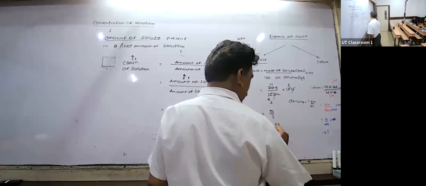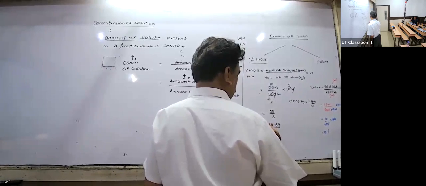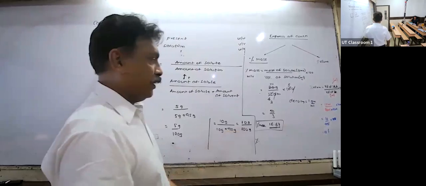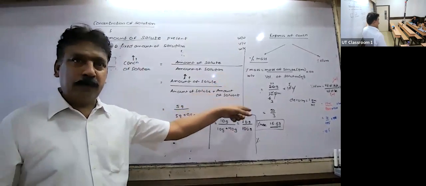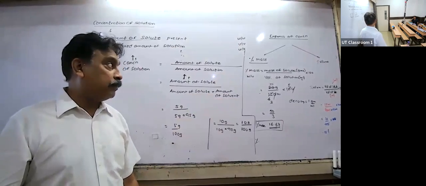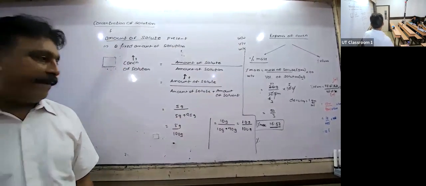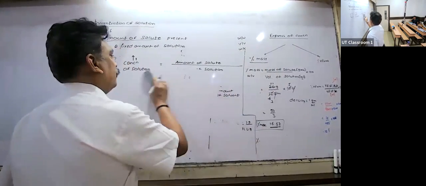So the mass percentage is 16.67%. Did you follow? Write down this mass by volume, and the percentage mass will come in the same way. Write it below that.